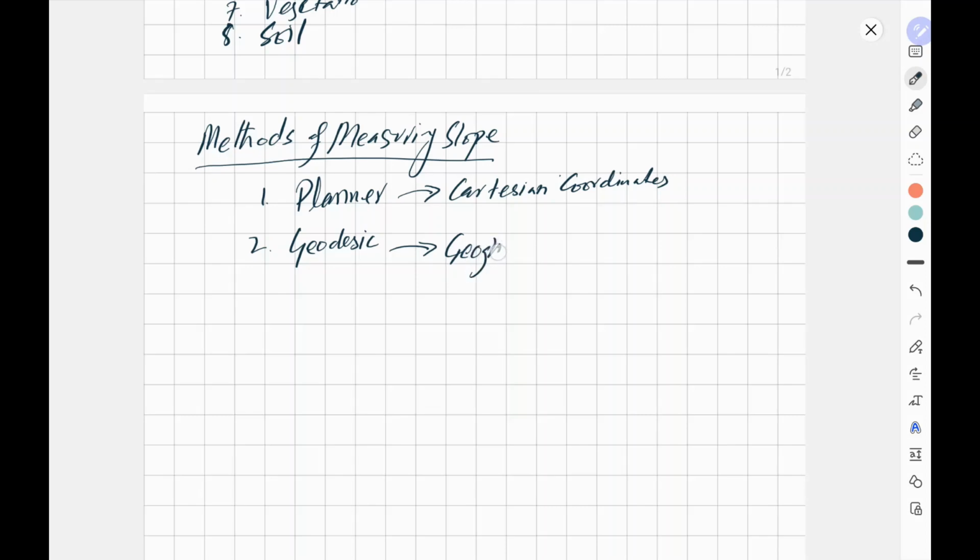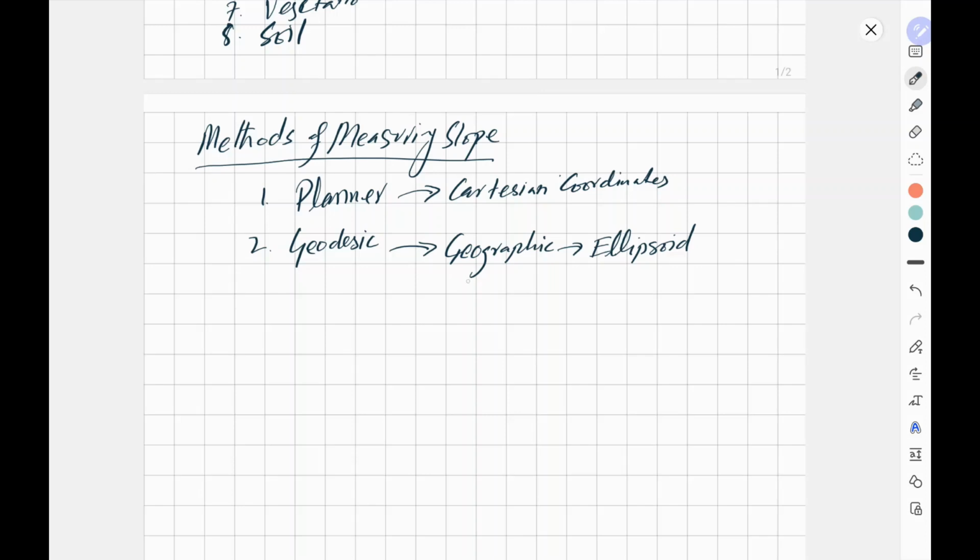And for that the coordinate system is geographic, in which we assume that the earth is ellipsoid. And every point is represented by angles.